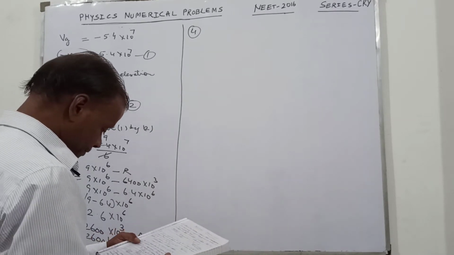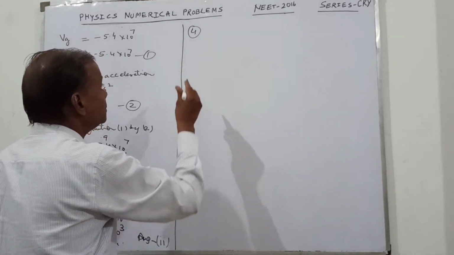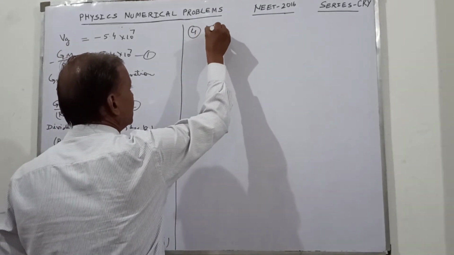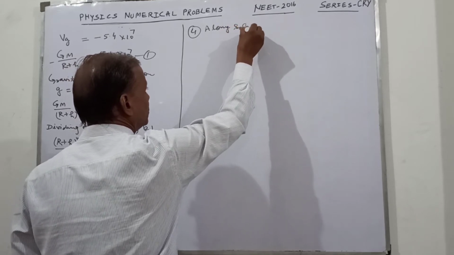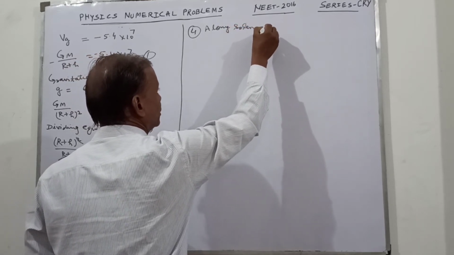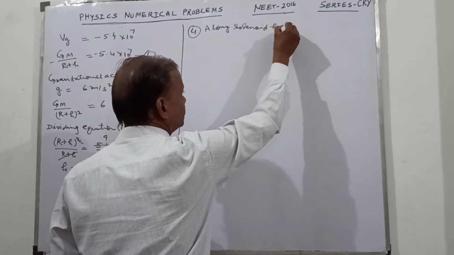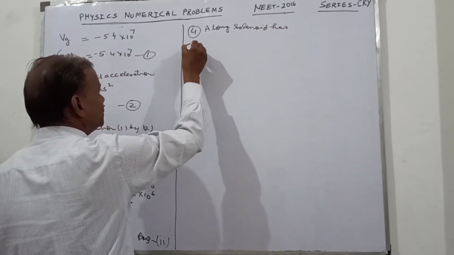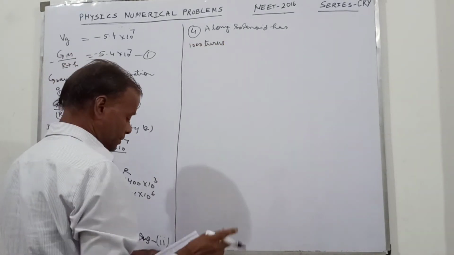Now question 4: a long solenoid has 1000 turns.